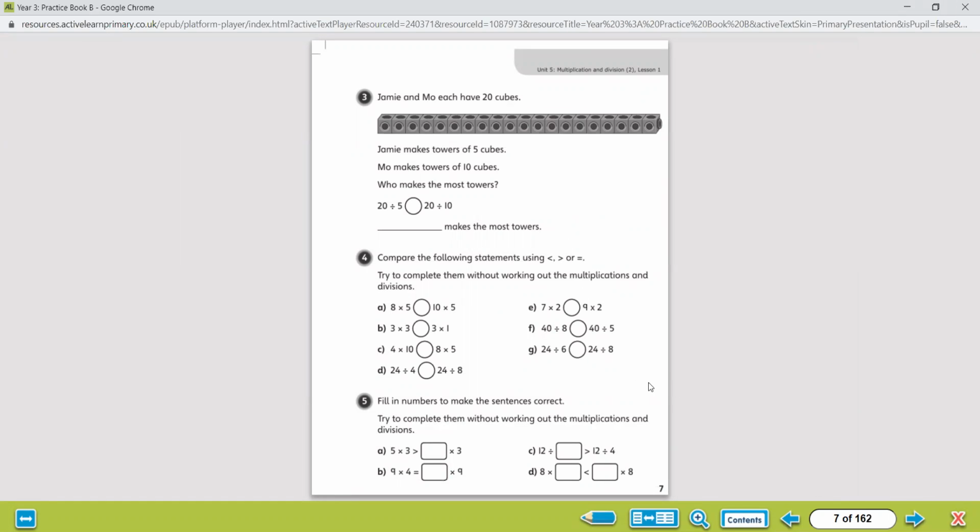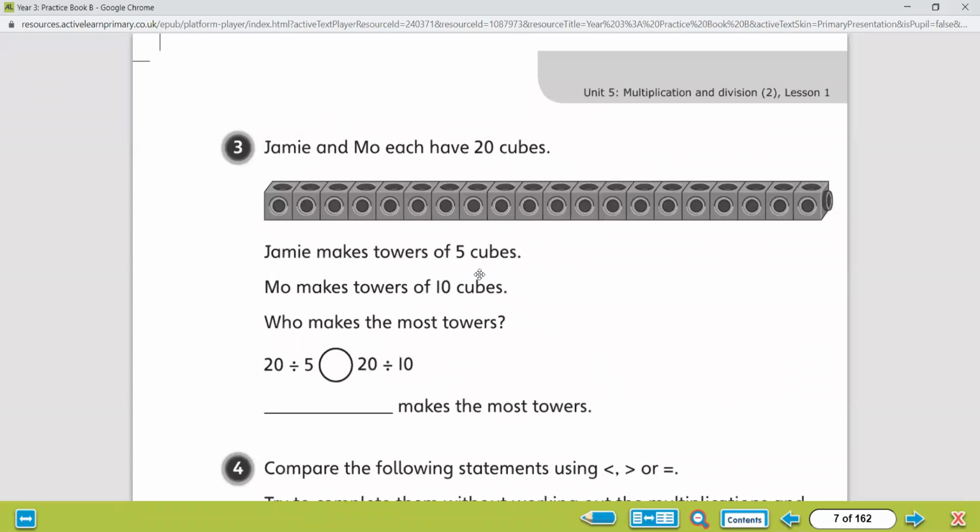Still comparing multiplication and division sentences. So let's read question 3. Jamie and Mo each have 20 cubes. Jamie makes towers of 5 cubes. Mo makes towers of 10 cubes. Who makes the most towers? This question is asking us to divide 20 into groups of 5 and groups of 10.